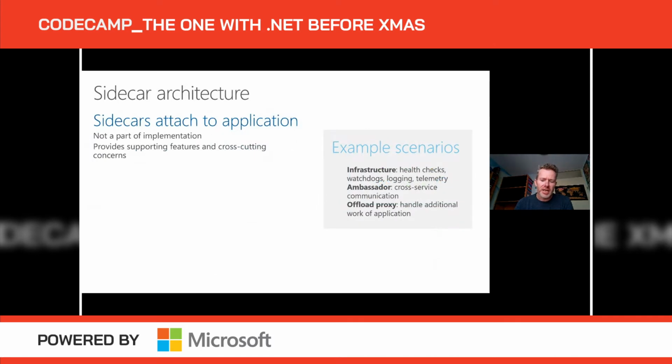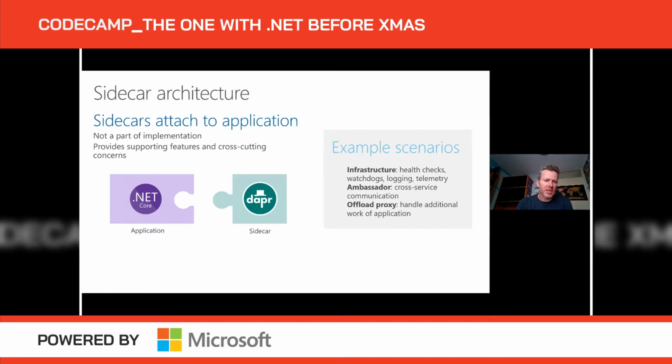Now, the way that Dapr provides you all of these additional capabilities is with a sidecar architecture, where your application knows how to expose itself. So there's a sidecar provided by Dapr that can start this direct communication with your application.